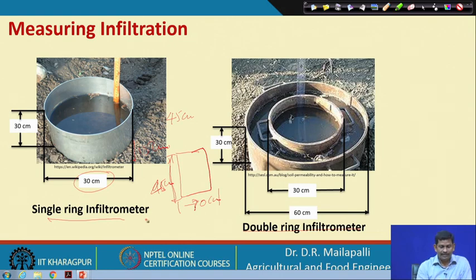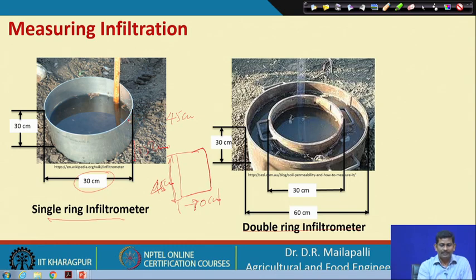Initially we put the water on top and start timing. For a particular fall, we note the time. Then we refill and again start counting the time.